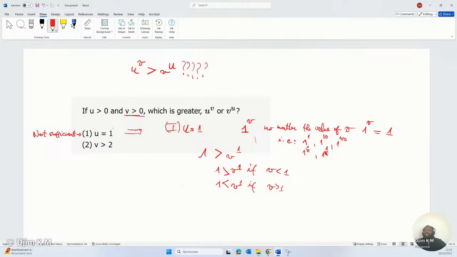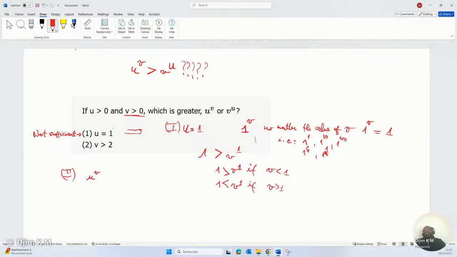The second condition tells us that v is greater than 2. So u over v.